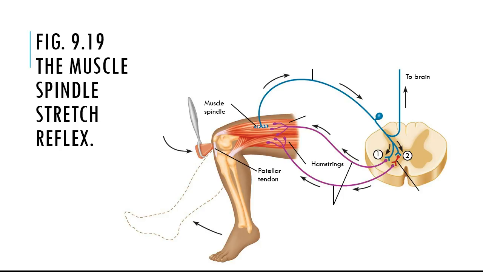Opposite. Okay, very good. Opposite. In order for us to do a motion, some of our effector organs need to be reciprocally innervated, oppositely innervated. Some excited, some not, inhibited.